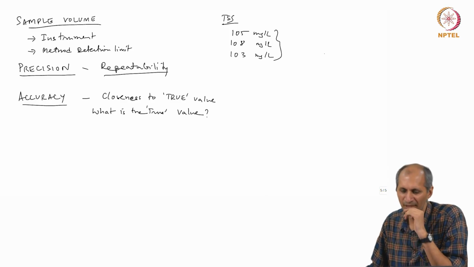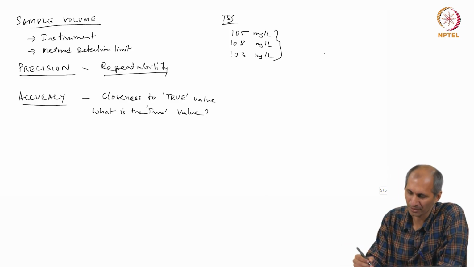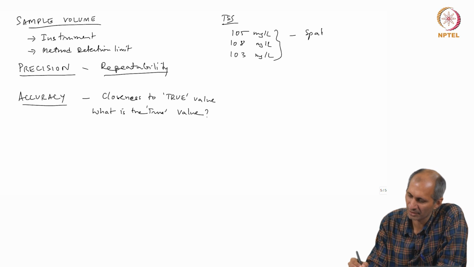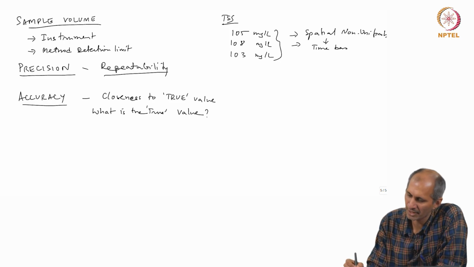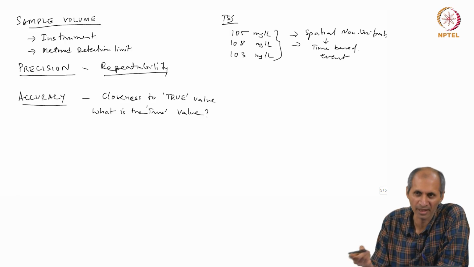A third reason could be, what could be a third reason? You have spatial non-uniformity, this is one, and some time-based event happening in the time scale in which you are taking samples.